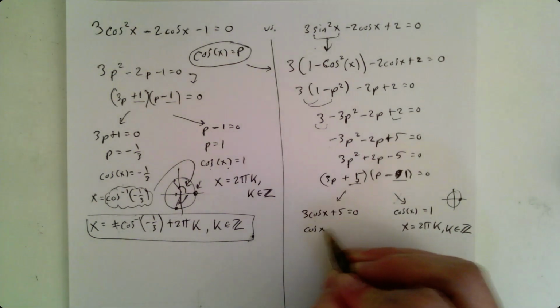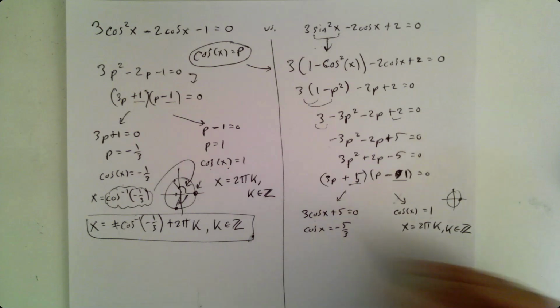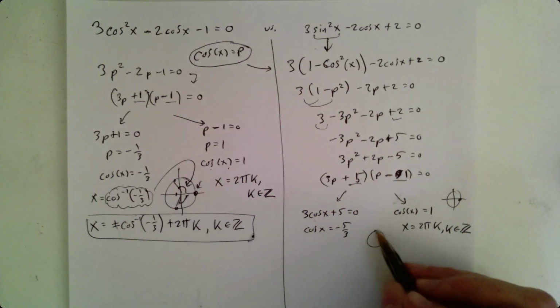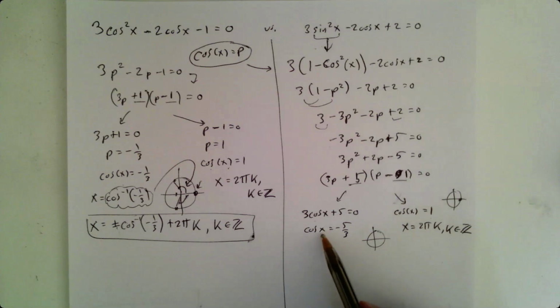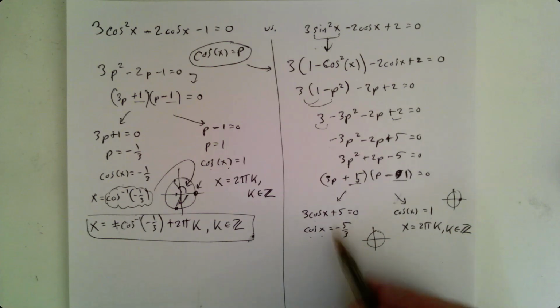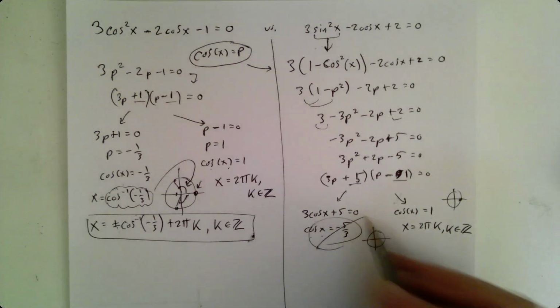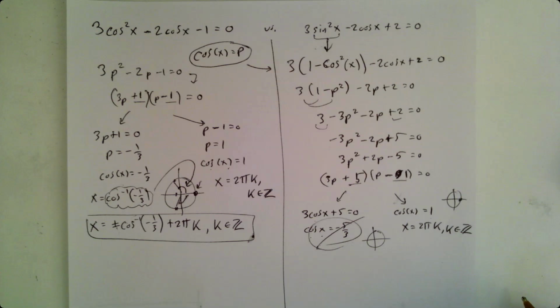I've got cosine x is -5/3. If we think on the unit circle, what's an angle whose x coordinate is -5/3? Well, -5/3 has a larger magnitude than 1. It's past -1. So this doesn't correspond to any points on the unit circle. So there are no solutions that come out of that branch.